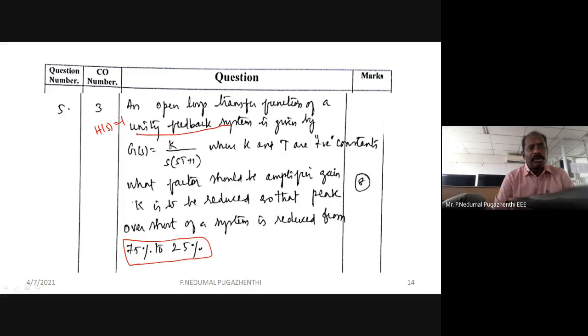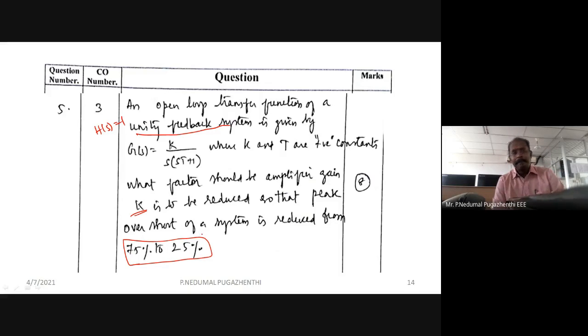That is what the question is asking. You are provided with some data, and you are not given K and T. But what is the question asking? Find the value of K in such a way that the available 75% peak overshoot Mp is reduced to 25%.